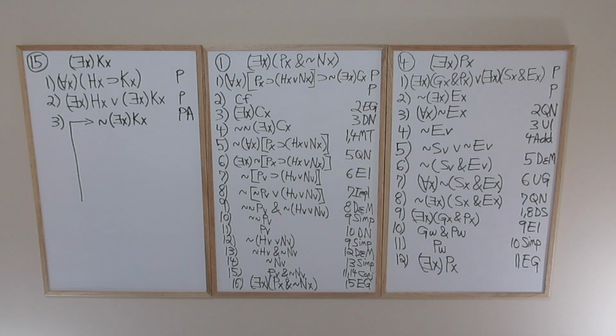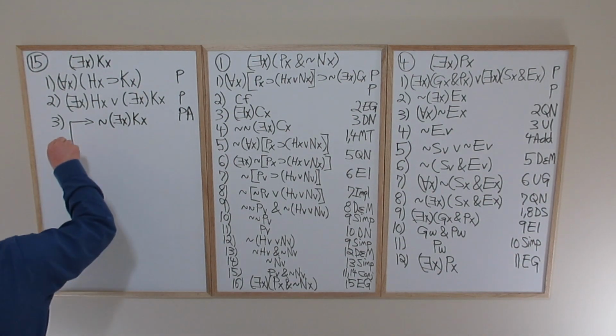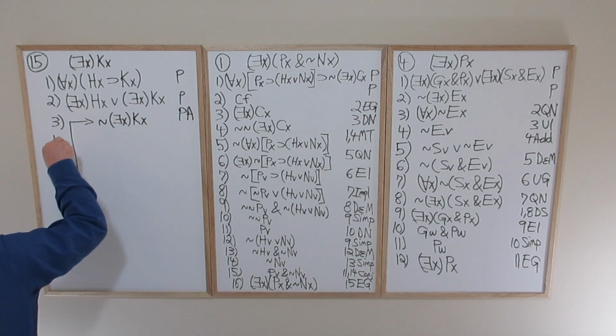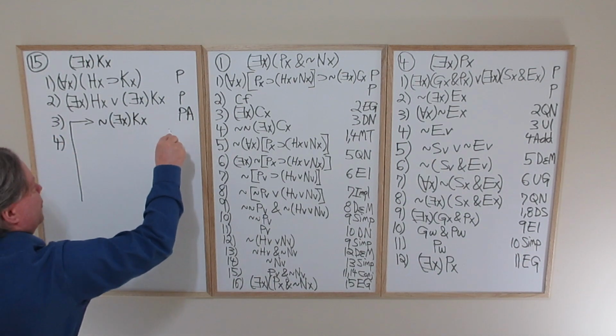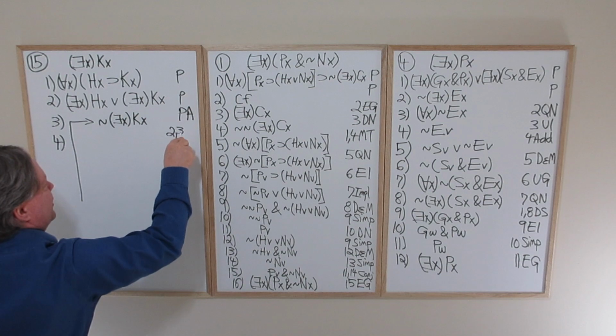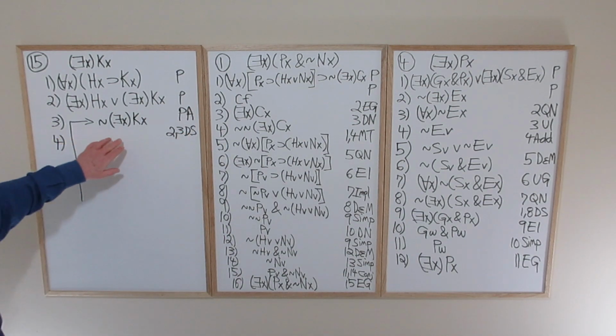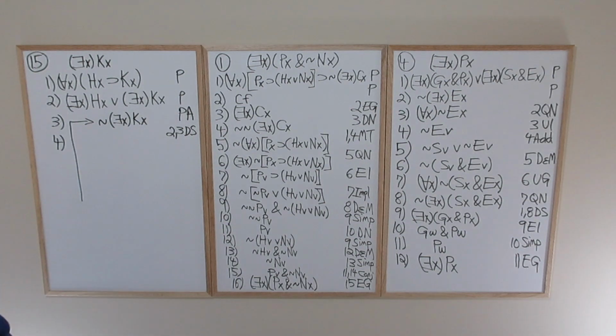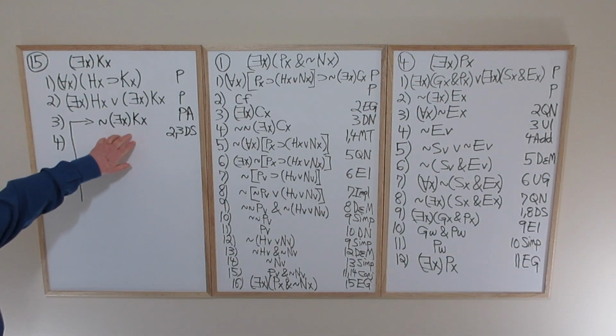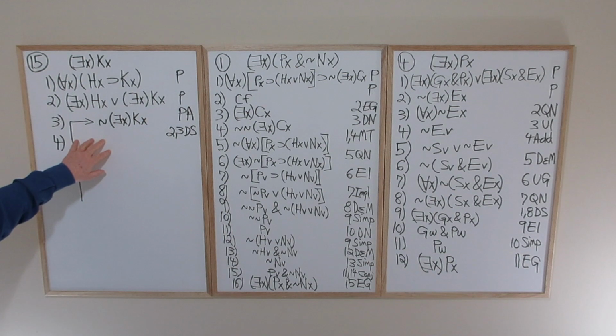Now that we've got this additional information, two, three, disjunctive syllogism. So notice we're treating these existentially quantified simple sentences just as parts of what's going to be a sentential logic construction.